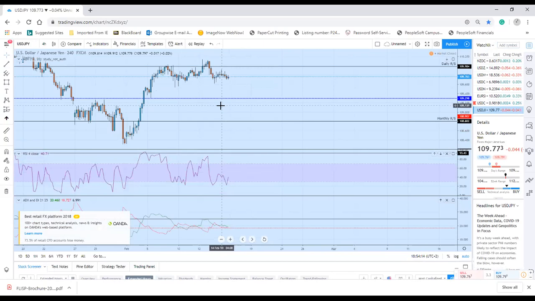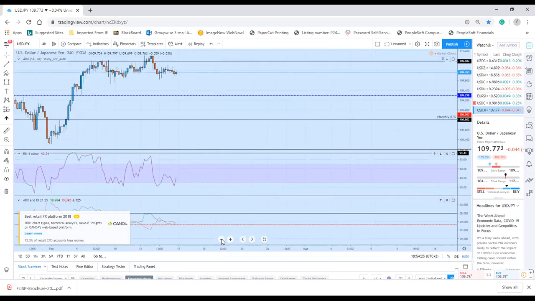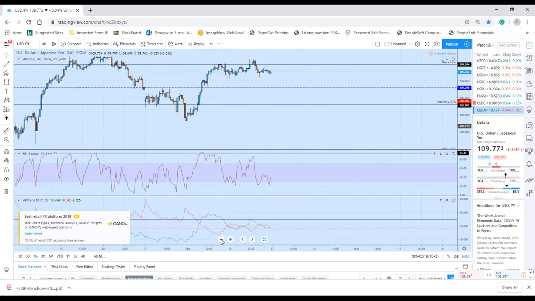Okay, I haven't done anything on USD JPY, but from what I'm looking at now, firstly, I'm already seeing a demand zone at current price, I'm already seeing it at current price here.